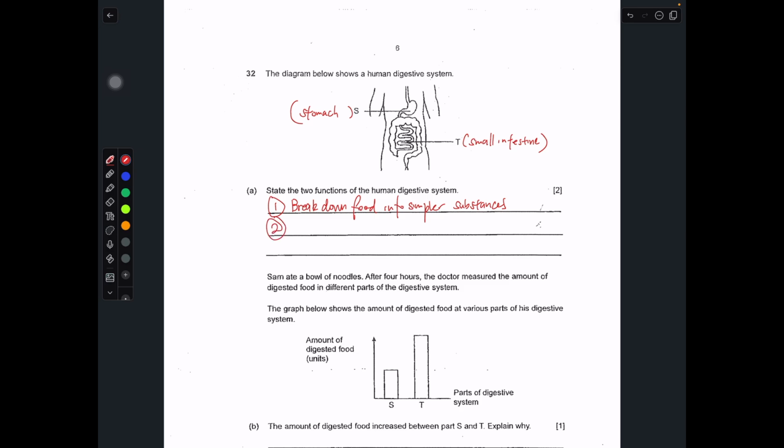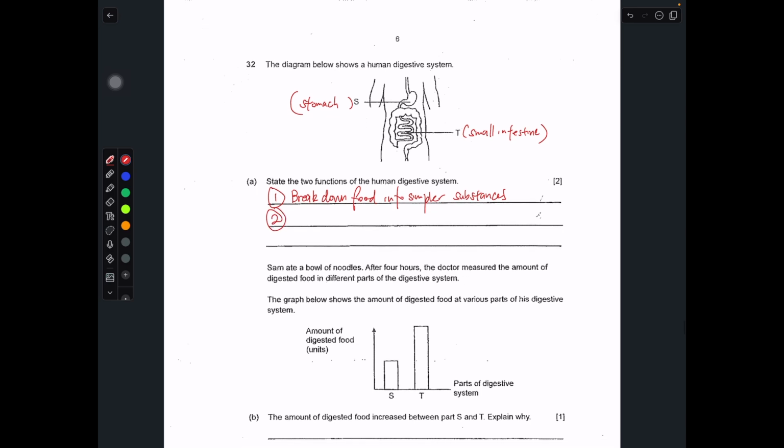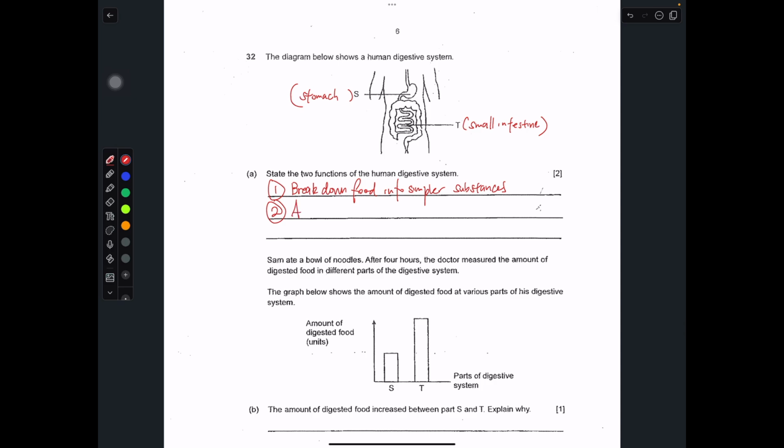Number 2, the digestive system not only digests, it also absorbs. Absorb what? Absorb digested food and water into the bloodstream to be used by the body.